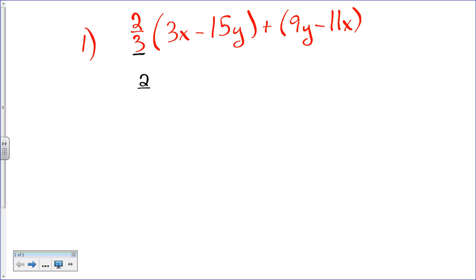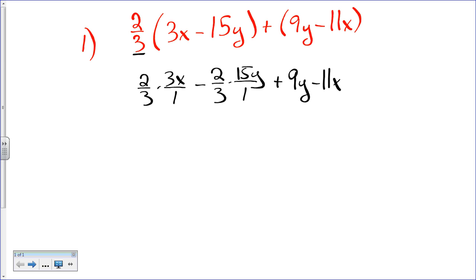So you have 2/3 times 3x, and that's going to be minus 2/3 times 15y, okay? And then you're going to add to that just 9y minus 11x. Now, the fraction stuff, if you can do it in your head, that's fine.